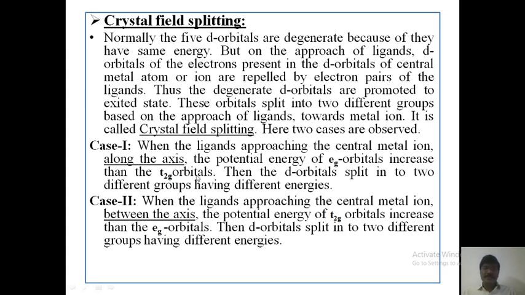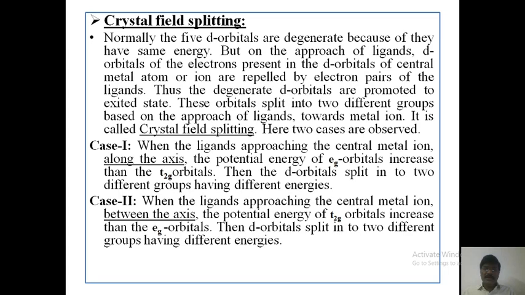Here two cases are observed. In case 1, when the ligands approach the central metal ion along the axis, the potential energy of eg orbitals increases compared to the t2g orbitals, because eg orbitals are axial orbitals with electron density along the axis.